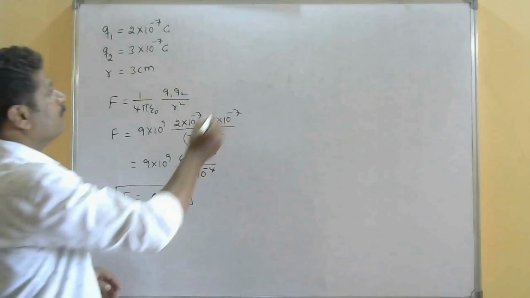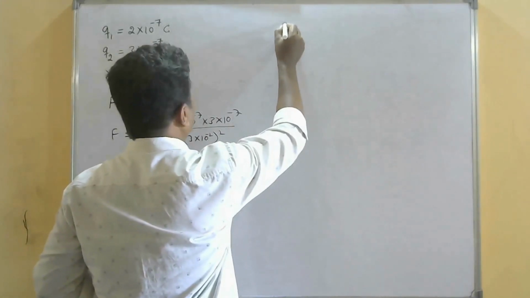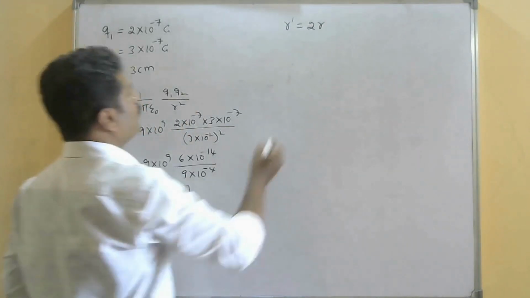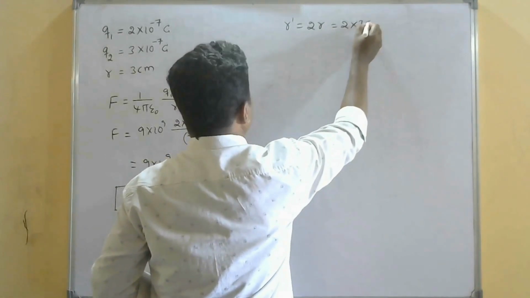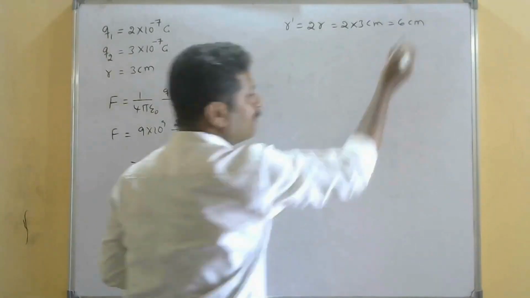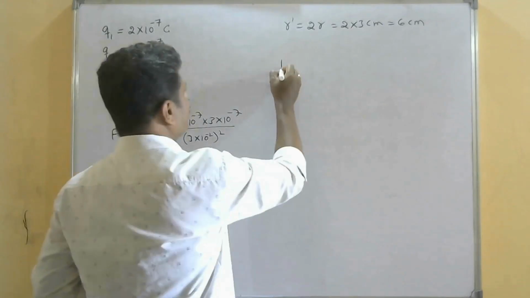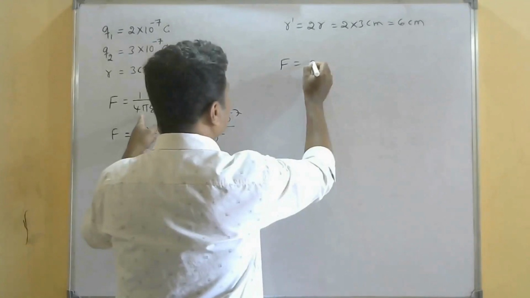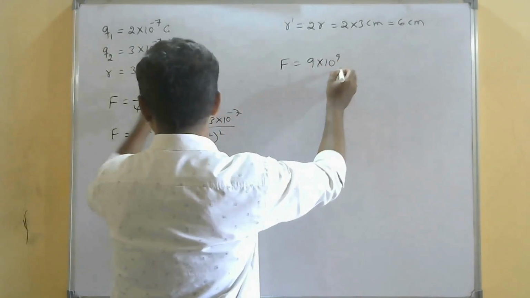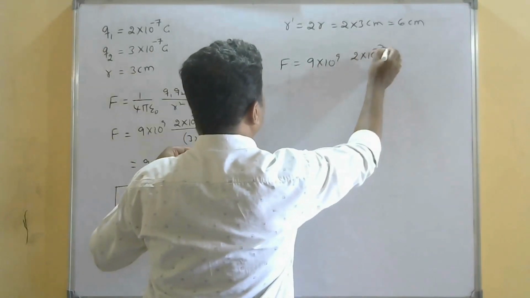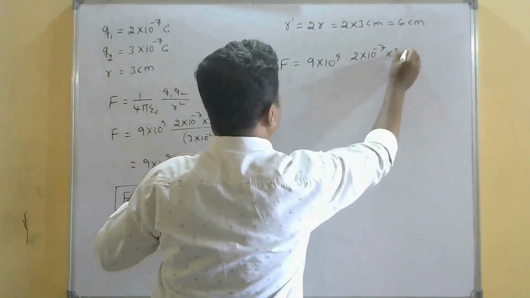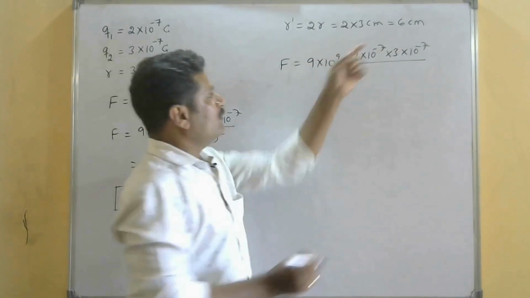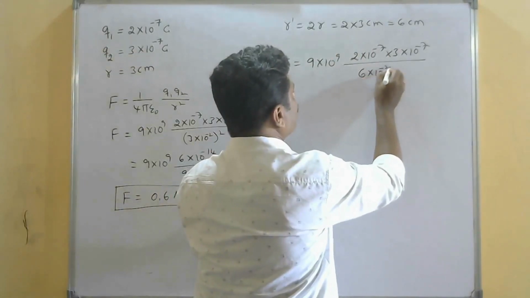Now let r dash be 2r. If r is doubled, that is 2 into 3 centimeter, this equals 6 centimeter. If it doubles, then what happens to the force? Using the same formula, F equals 1 by 4 pi epsilon naught q1 q2 divided by r square. So 1 by 4 pi epsilon naught is 9 times 10 raised to 9, q1 is the same, 2 into 10 raised to minus 7, and q2 is 3 times 10 raised to minus 7, divided by r square. Here r square is 6 centimeter square, 6 into 10 raised to minus 2, whole square.